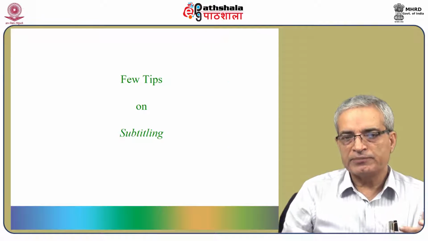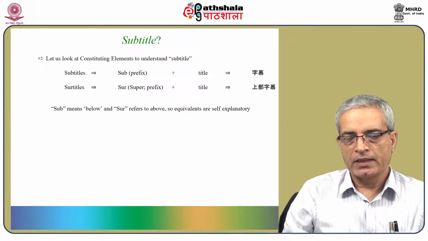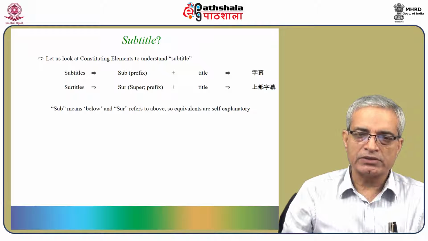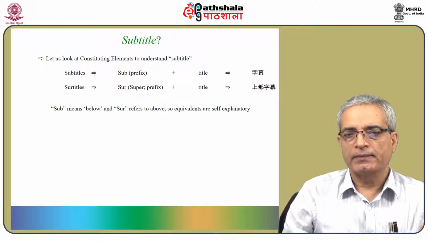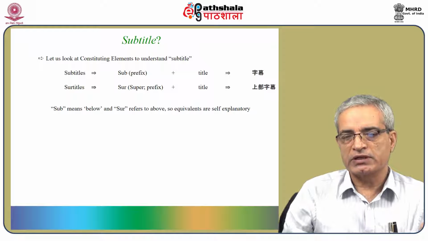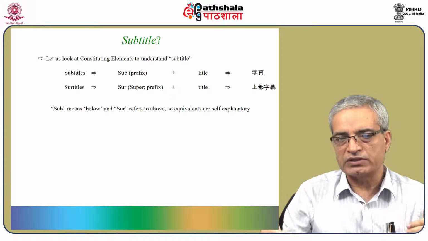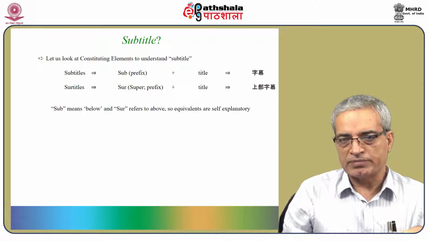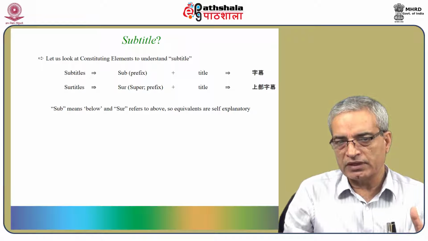Let me give you some tips about the first two examples, that is subtitling. The word subtitle has two elements: sub and title. Title you all know, and sub stands for something that comes at the bottom or which is a subset, and subtitle in Japanese is jimaku. Now this does not give a very clear equivalence.